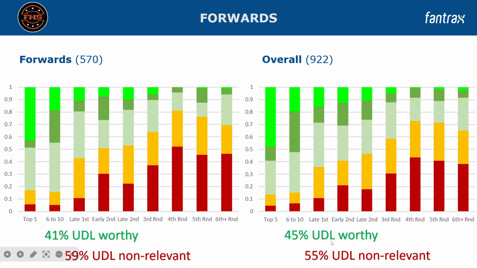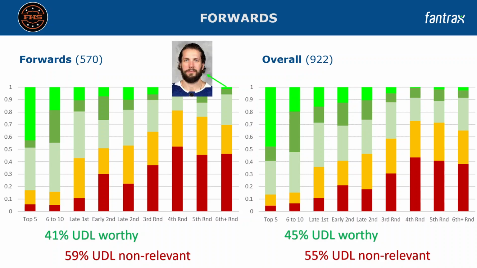And you see that compared to the 45% fantasy relevant players, the forwards are at 41%, which is slightly lower. So basically, we are worse than average in terms of drafting successful forwards or finding relevant forwards in the draft.